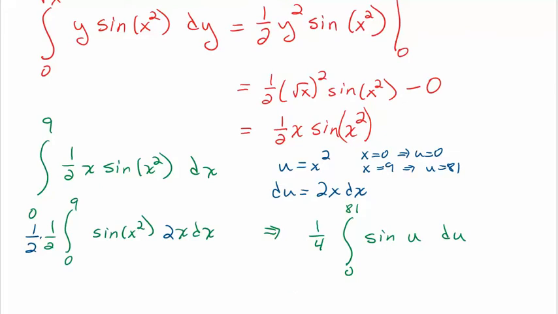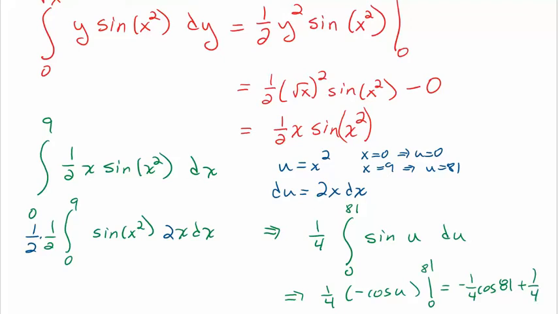Okay, and then I could do this integral fairly easily. 1/4 negative cosine u from 0 to 81, which would give me negative 1/4 cosine of 81. That's very weird. Minus cosine of 0, which is 1. And then that would be negative, so I think we'd end up with plus 1/4 there. Okay, so that's one option.